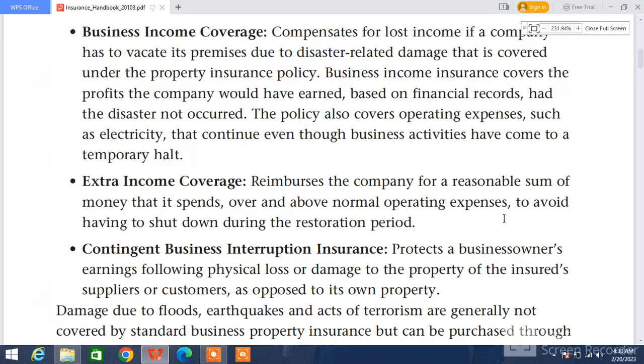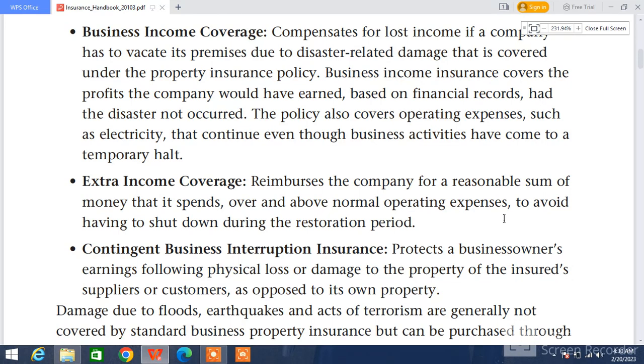Business income insurance covers the profits the company would have earned, based on the financial records, had the disaster not occurred. The policy also covers operating expenses such as electricity that continue even though business activities have come to a temporary halt. So these were some basic ideas given in this topic.